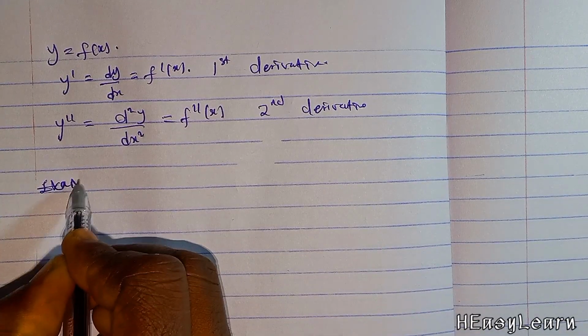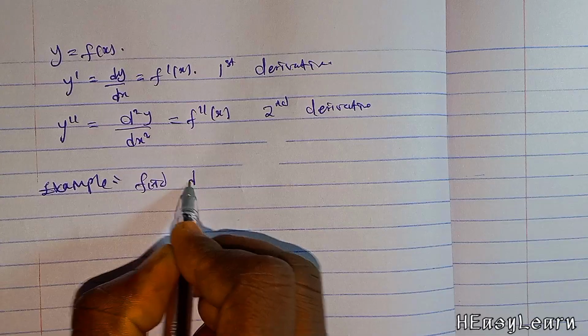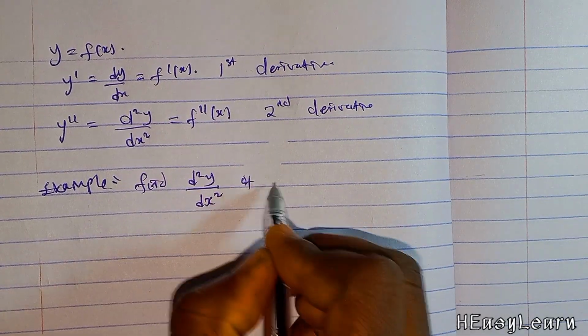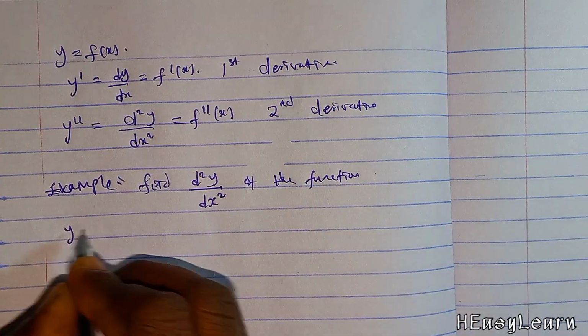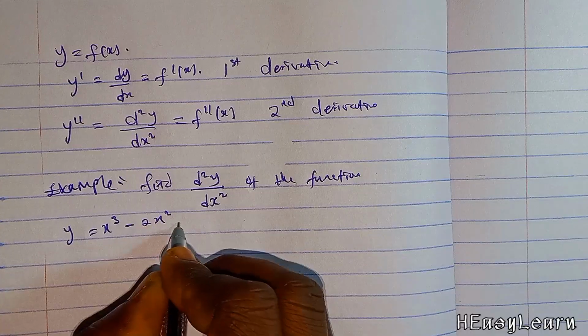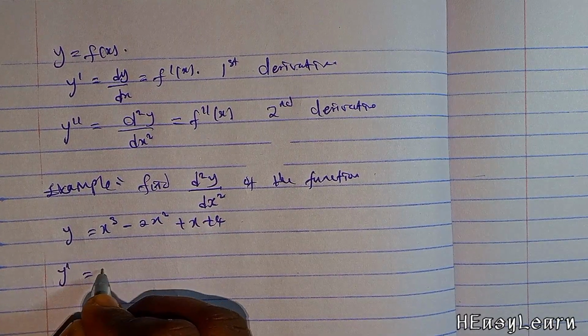An example of this: given the function, find d squared y over dx squared of the function. y equals x to the power of 3 minus 2x squared plus x plus 4. What is y prime?